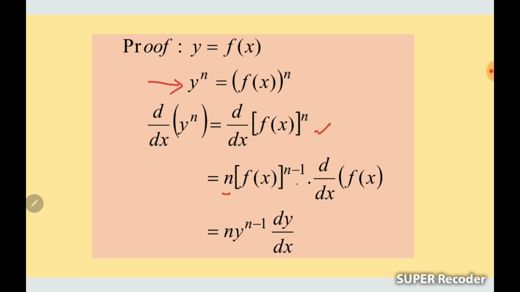Then you have to differentiate f(x). So the answer is n, and since y is equal to f(x), replace f(x) with y, y to the power of n minus 1, dy/dx. So this is the answer for differentiating y to the power of n. Okay, got it?